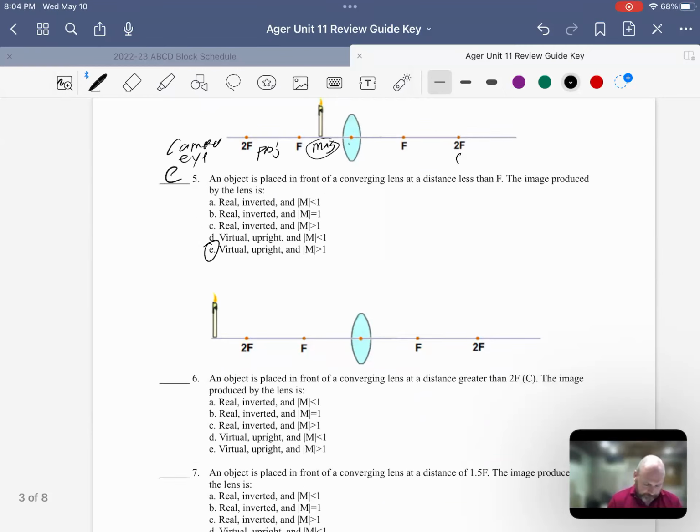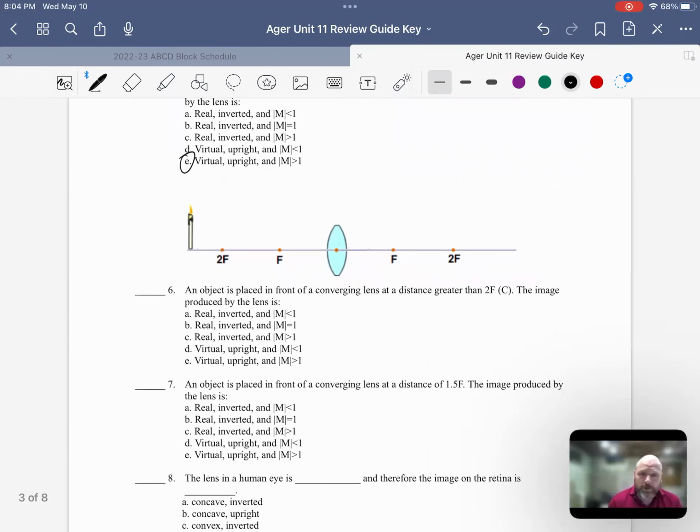What if I place that object way out there? That is how our eye and a camera work. It produces a very small image right in here. You could sketch it out and see what happens. Oh, I should be using my straight line feature.